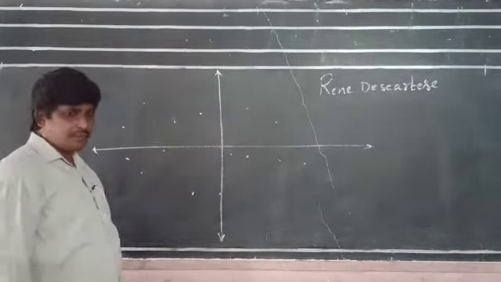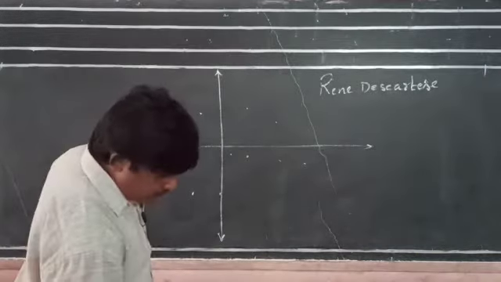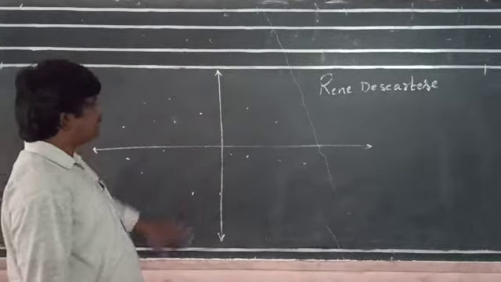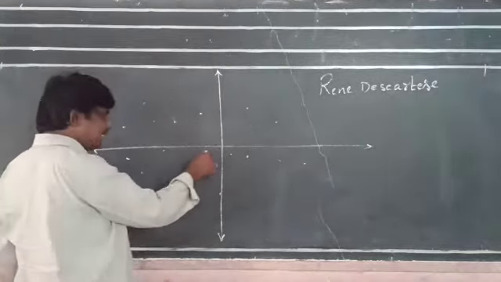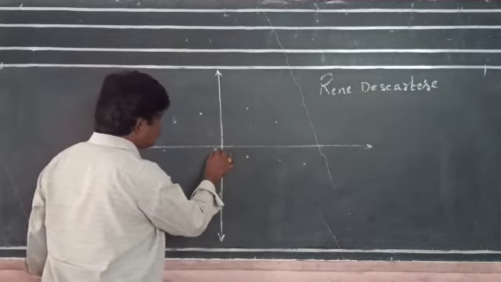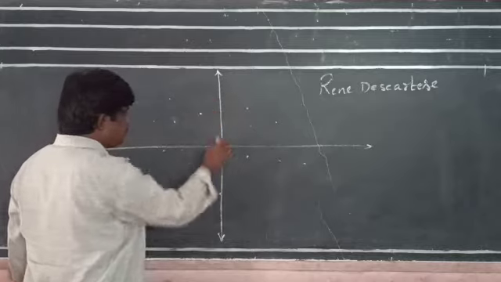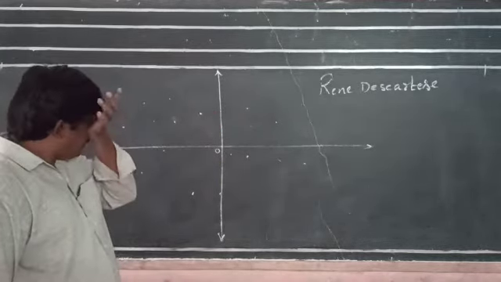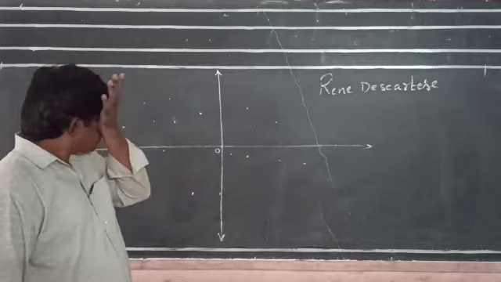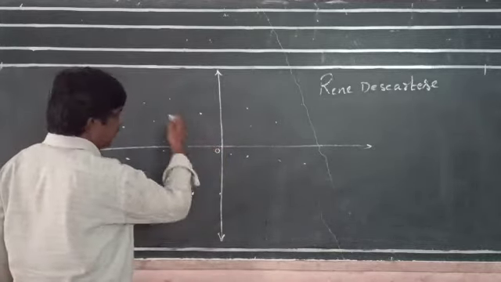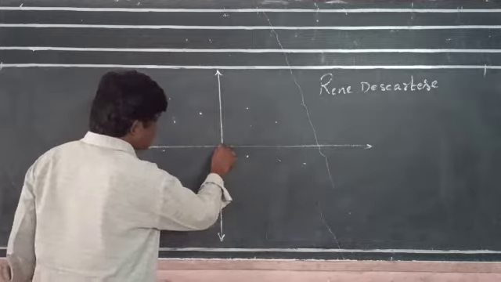Wherever the two number lines intersected, that intersection point he took as 0, because these two lines are number lines as per his design. So the intersecting point is named the number 0.